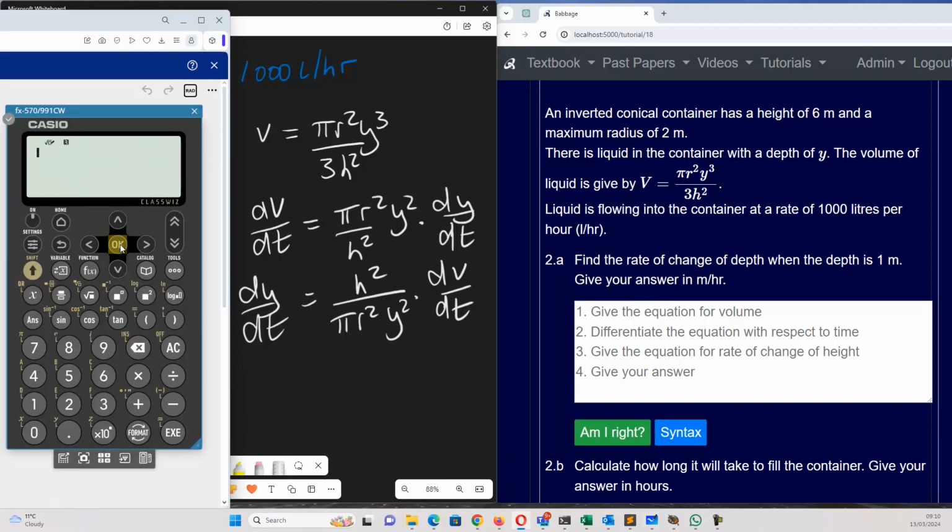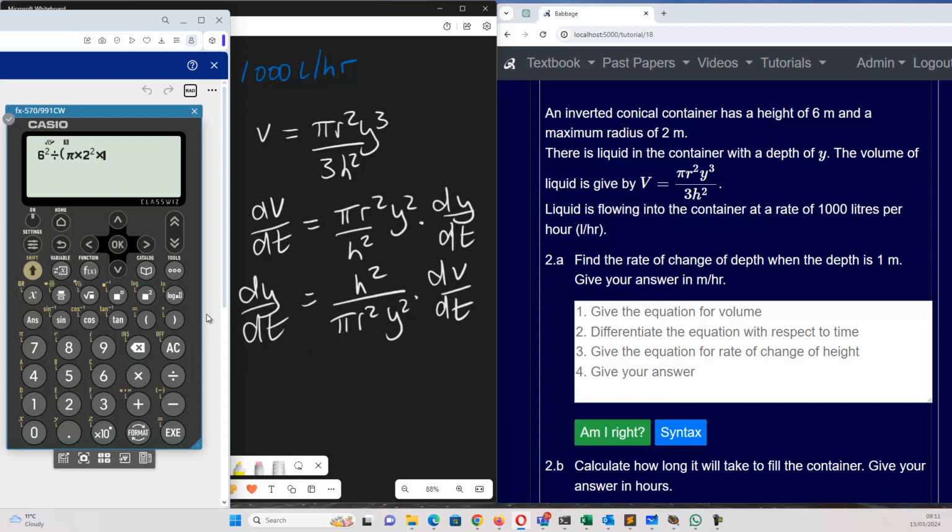We want to calculate the height, which is 6 metres, so h squared divided by a bracket containing pi times r squared, which is 2 squared, times y squared, which is 1 squared.